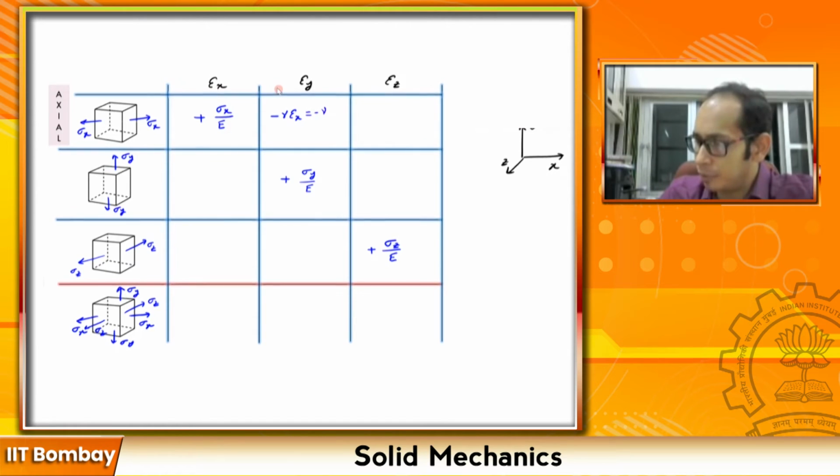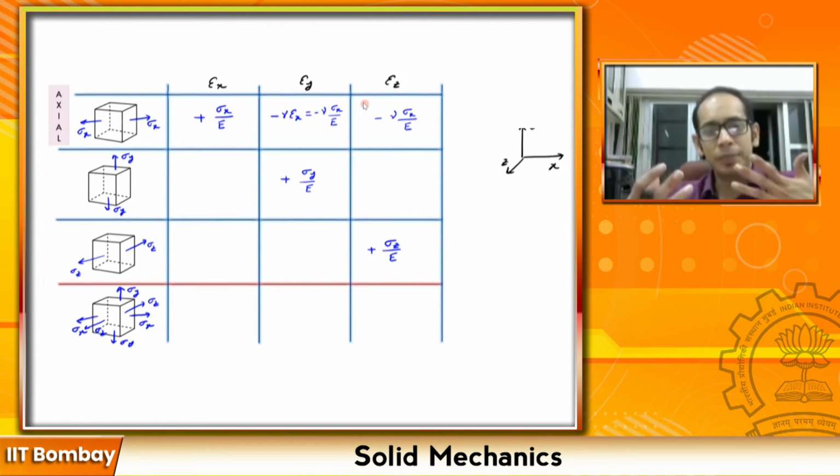I'm going to write negative of nu sigma x by E. In a very similar fashion, epsilon z over here now becomes negative of nu sigma x divided by E, right?